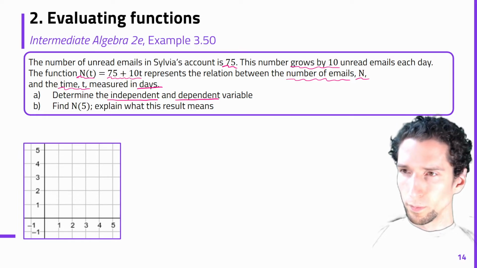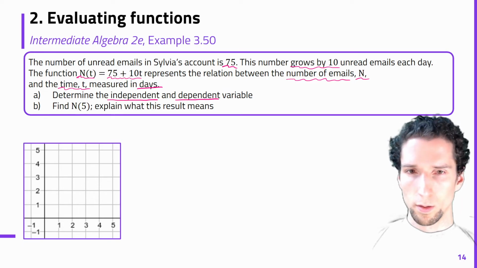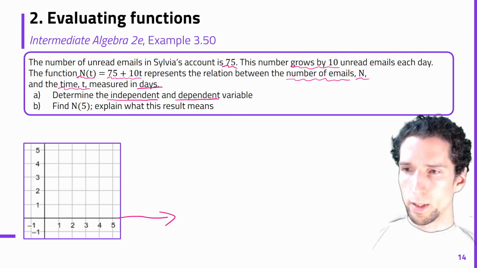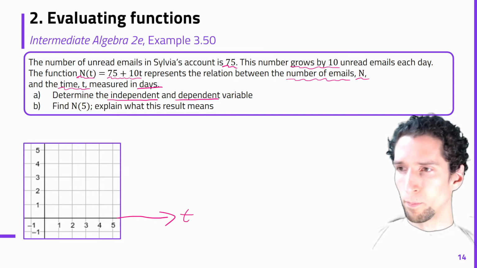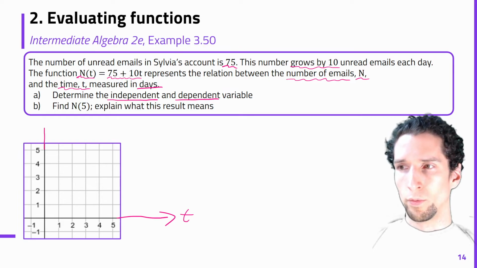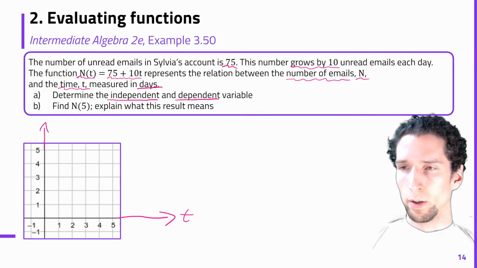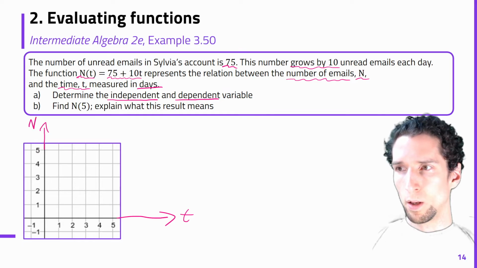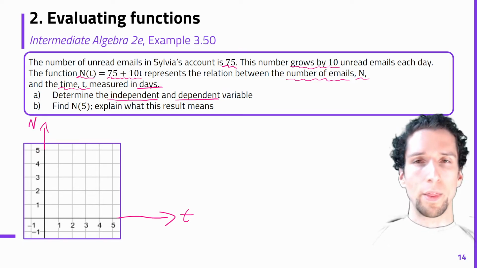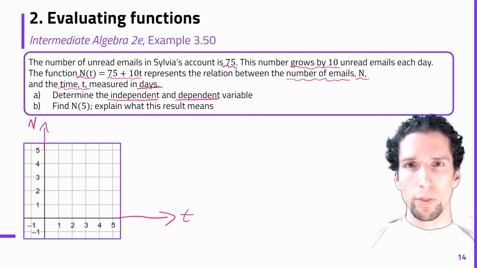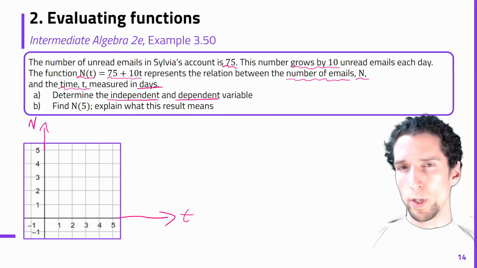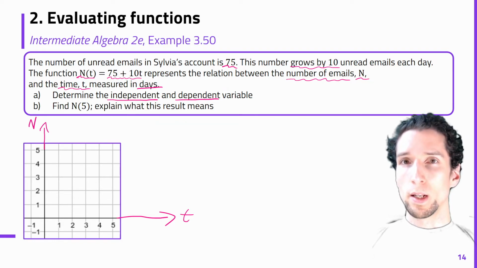So the independent variable here on our horizontal axis would be t for time. And on our vertical axis, our dependent one would be n. There's no math shortcut or whatever to know which one is dependent and which one is independent.